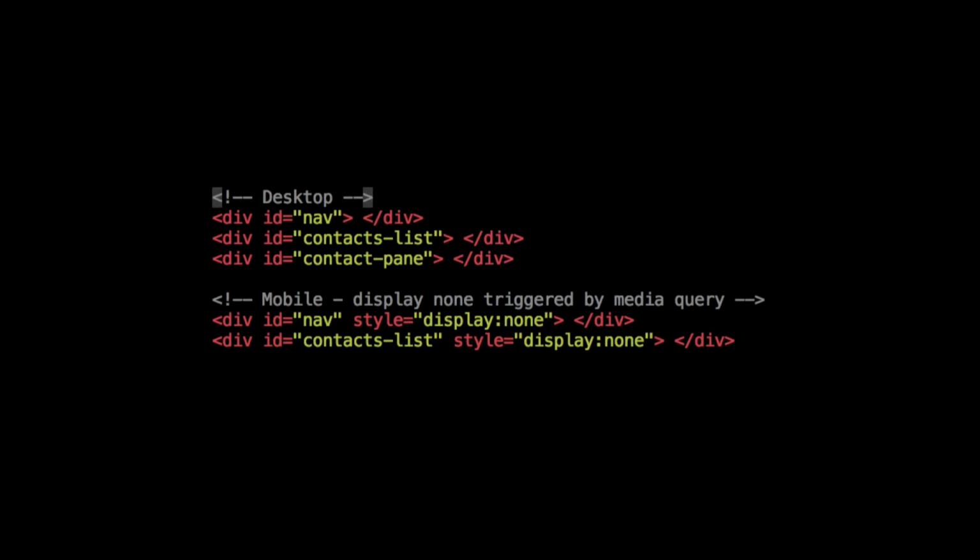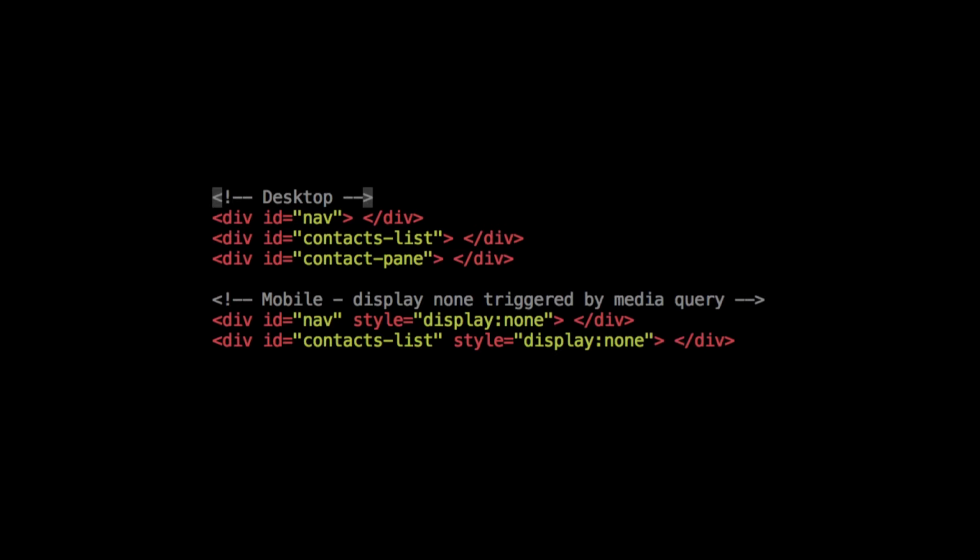So the next thing I see people attempt is something like this, and I've described 2 different techniques on this slide here. Maybe what they do is we instead have a desktop and mobile, and we go and implement the same divs, right? We have navs, contact, and contact pane, and for mobile we just have nav and contacts list. And either what we're doing is we're display none-ing that left pane.